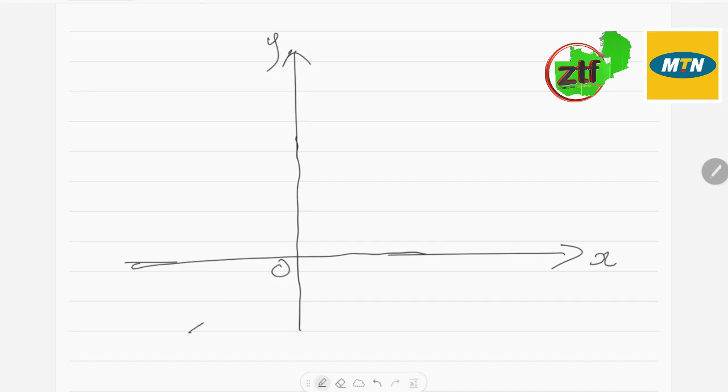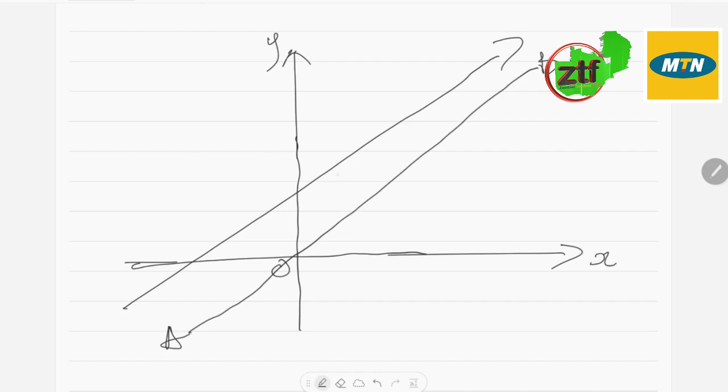If this line is AB, its gradient is going to be positive after calculation. Another line can be parallel to this. Even this line will have a positive gradient. But as long as these two lines are parallel, then we can ascertain that they have the same gradient.